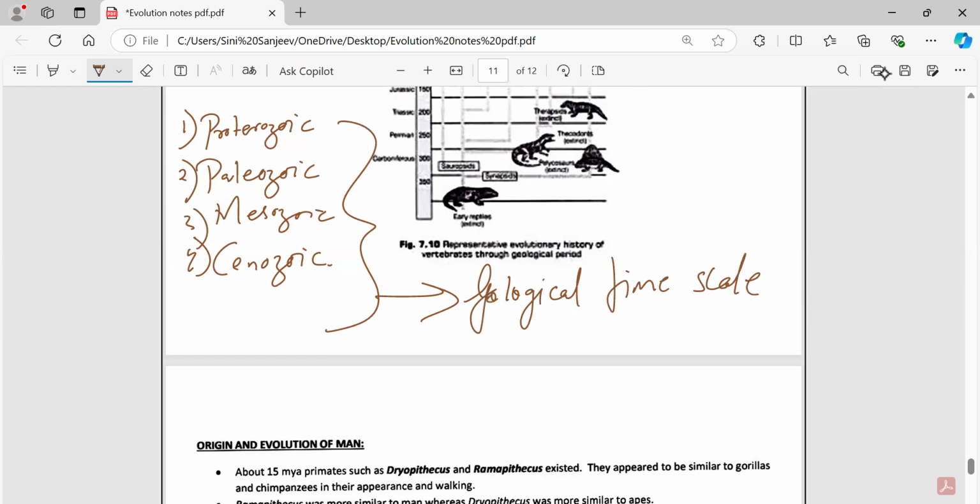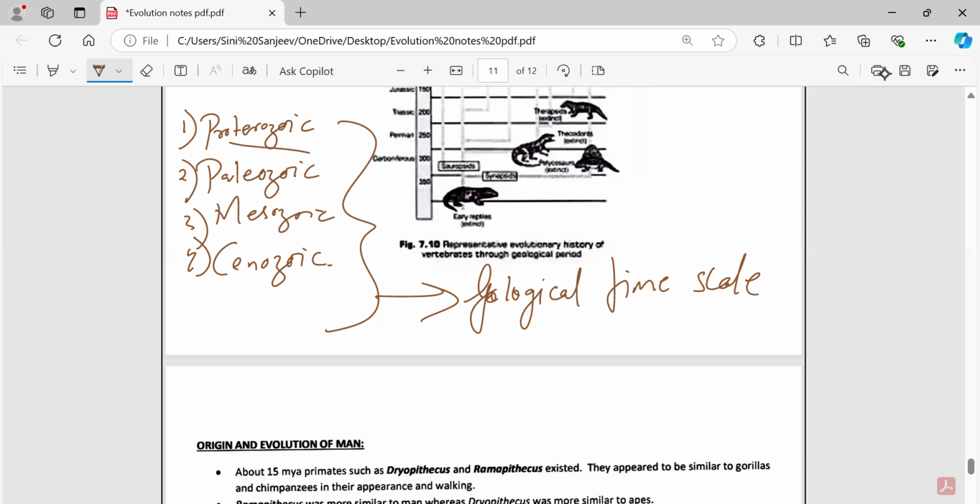Okay, so let's see one by one what each era means. The first era which we have is the Proterozoic. Proterozoic is nothing but the first cellular forms which appeared on the earth, because I told you, right, at first only single celled organisms were formed on the earth, and then came the multicellular organisms.